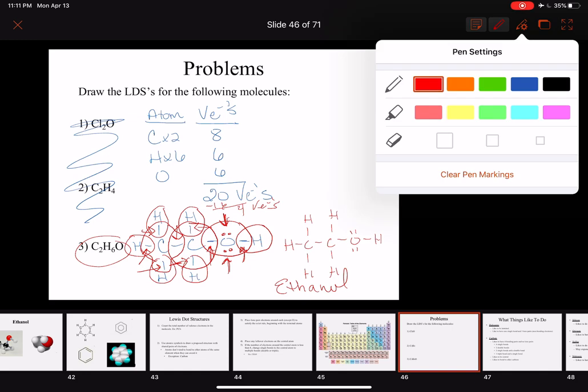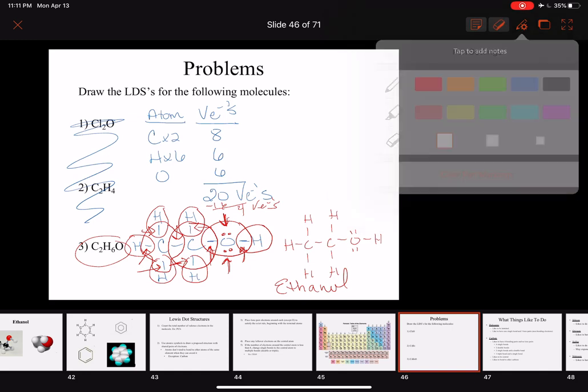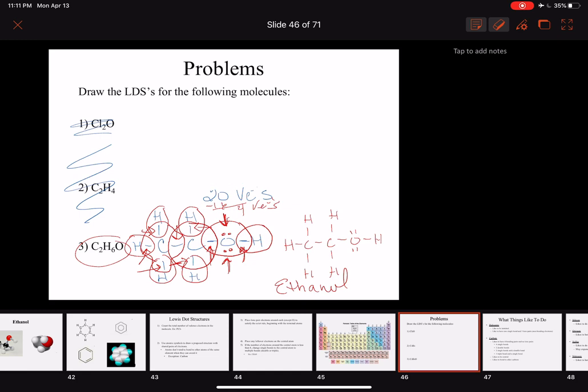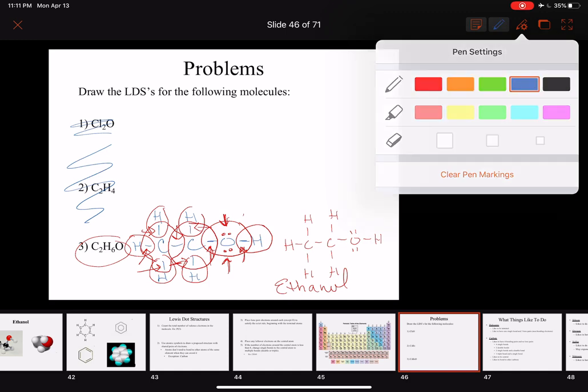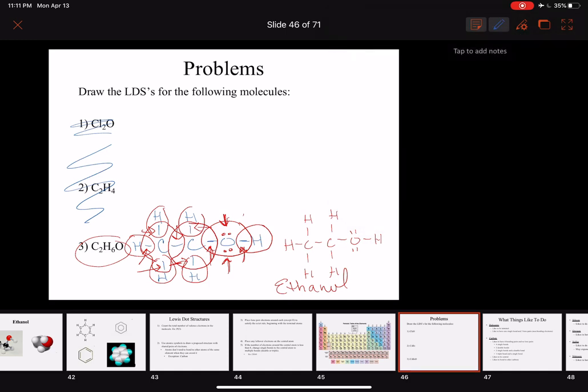So those of you who are sitting at home going, wait a minute, what if we stuck oxygen in between those 2 carbons? Yes, you can do that too. So again, we're going to have 20 valence electrons available for this structure, because adding up all the valence electrons for each atom is going to be exactly the same as it is for ethanol.